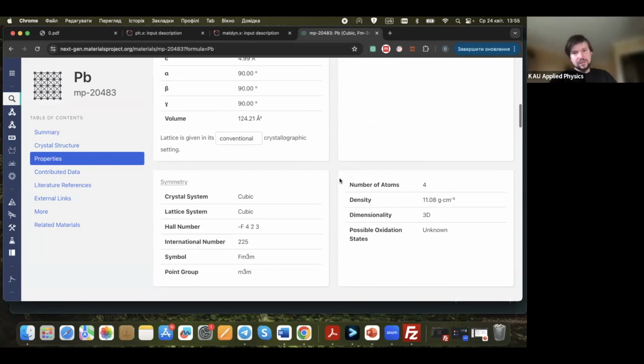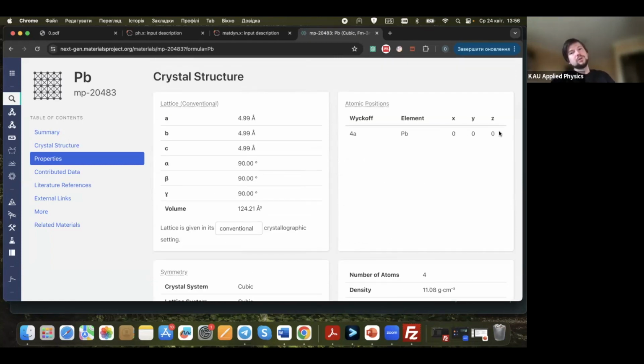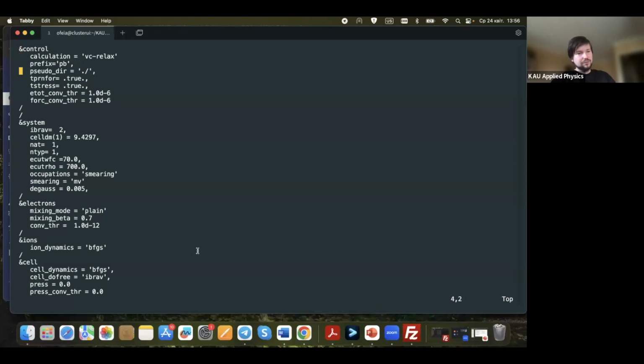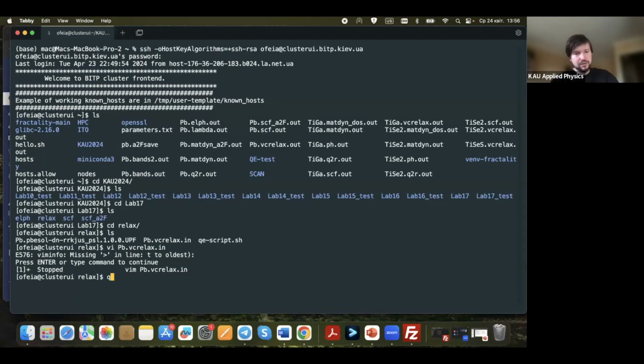Then we have the number of atoms 4, but if I use ibrav 2, I can reduce it by the symmetry, and I will have only one atom at the 0, 0, 0 position, because all other atoms will be generated by applying the symmetry. That's why I have only one atom here, and also some new things. I use ultrasoft pseudopotential. Okay, I will start it because it will take some time.